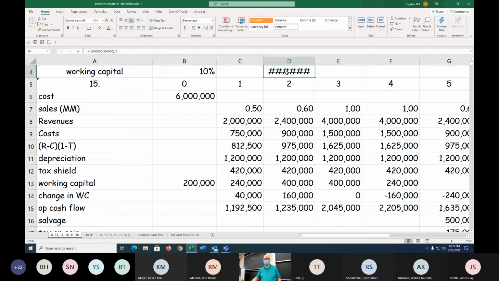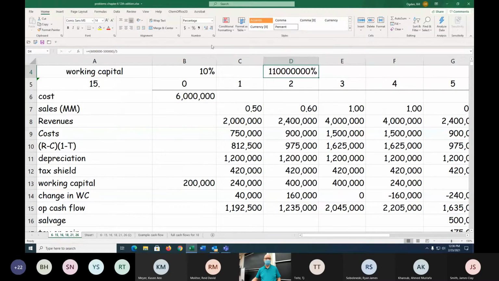That would be 1,100,000. But that's not what they said to do. What they said to do was depreciate it to a value of 0. So it's just basically 6 million divided by 5.